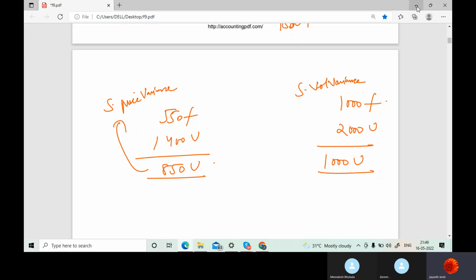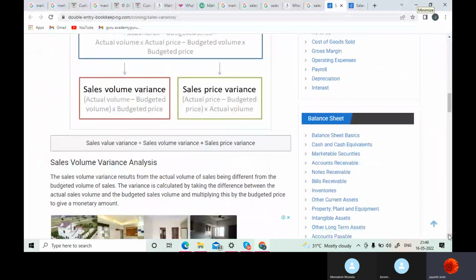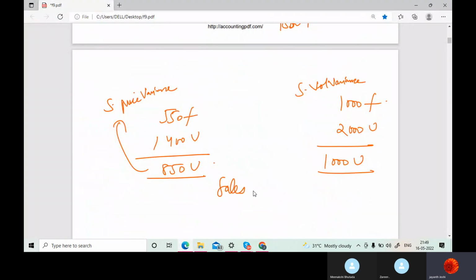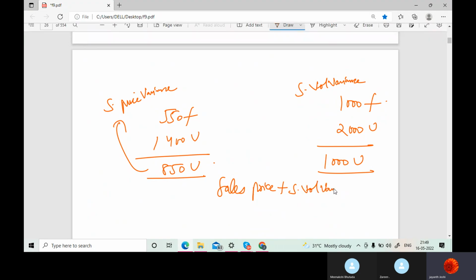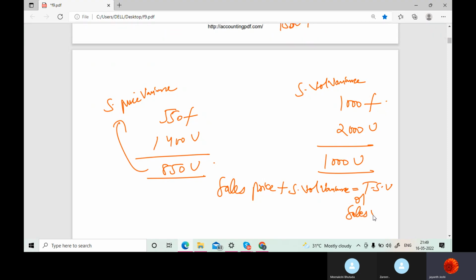I'm giving you one more question. You solve it, then we'll go for market variance. Here I would write a note: sales price variance plus sales volume variance is equal to total sales variance, or sales value variance.